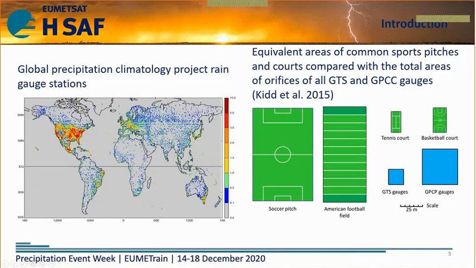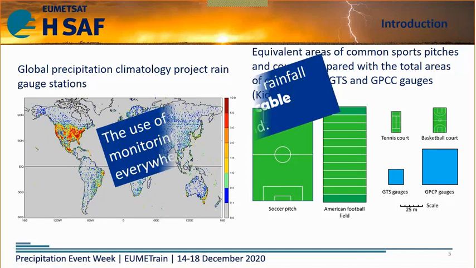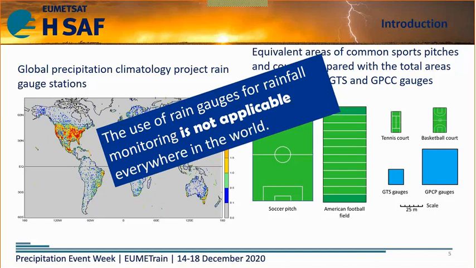So it is important to underline that the use of rain gauges for rainfall monitoring related to rainfall thresholds is not applicable everywhere in the world, because we don't have enough information to develop a rainfall threshold.